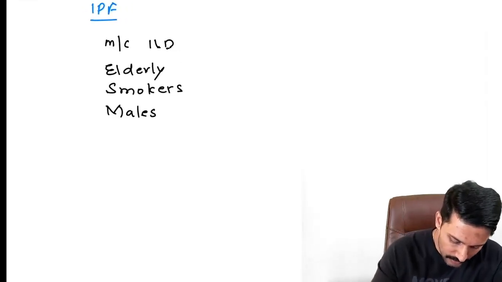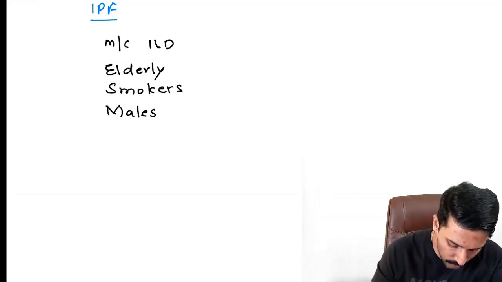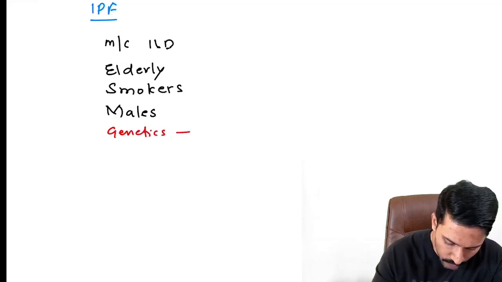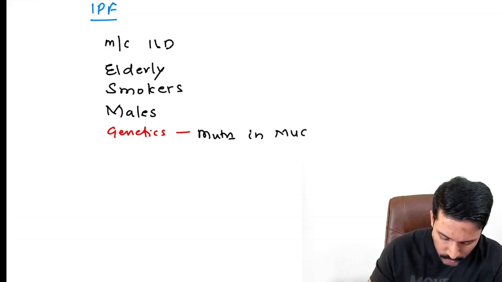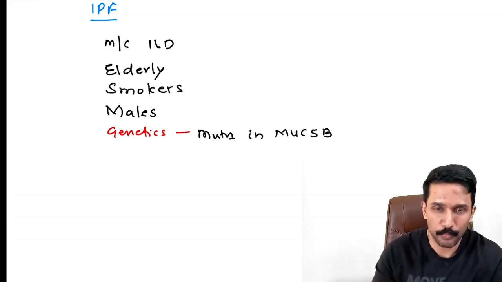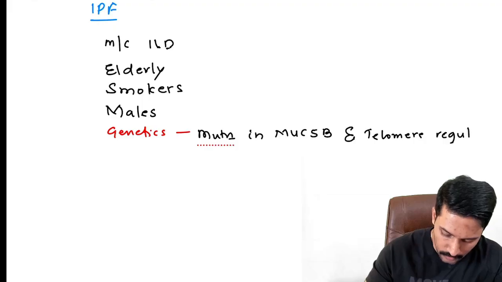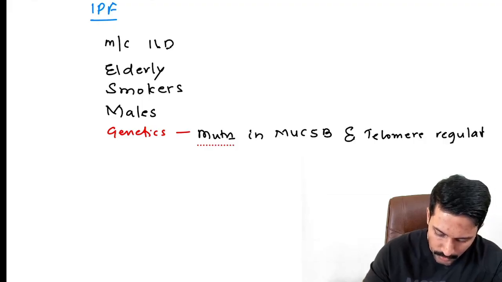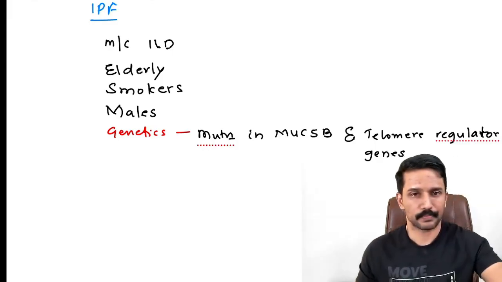And the risk factors, apart from being elderly and being a smoker, there is also a genetic contribution to the risk, mainly mutation in MUC5B, which codes for mucin, and telomere regulator genes called TERT and TERC.